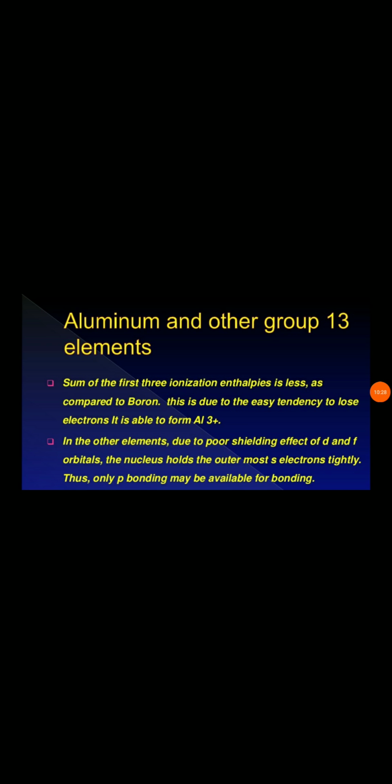It is able to form Al3+. Aluminum easily loses three electrons to become the Al3+ ion. Very easily, loss of electrons takes place to form Al3+.